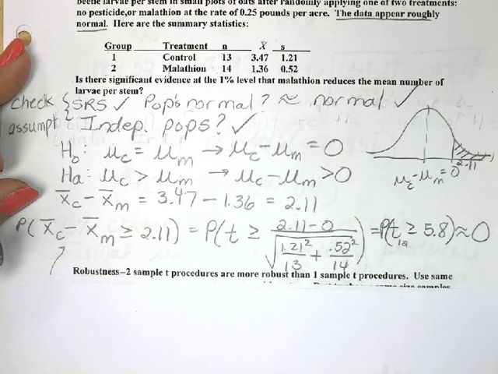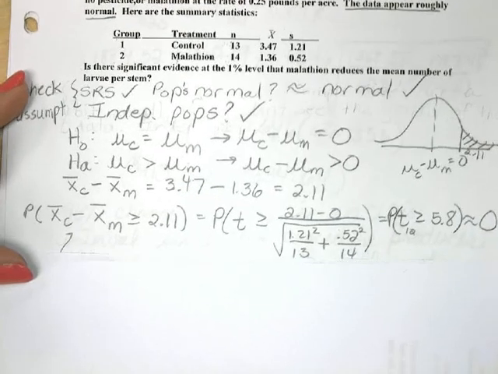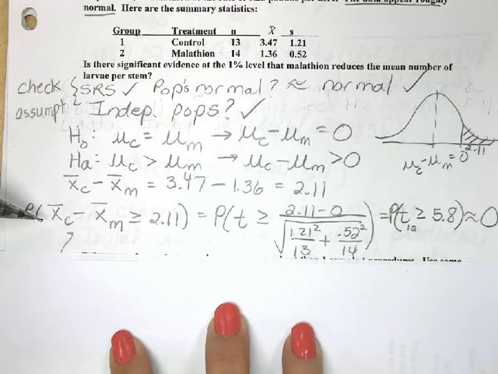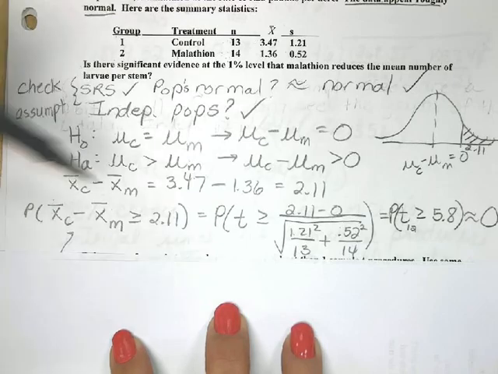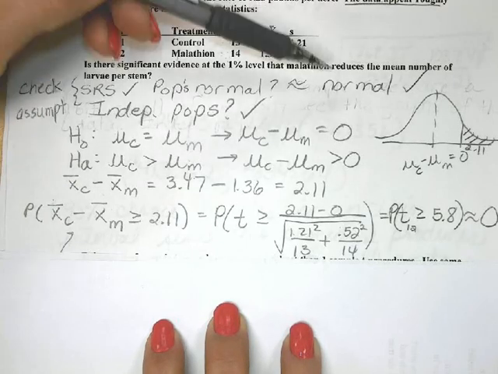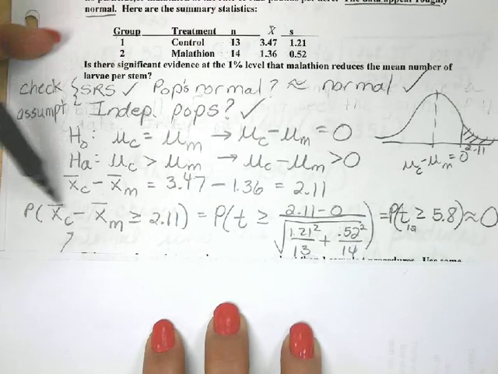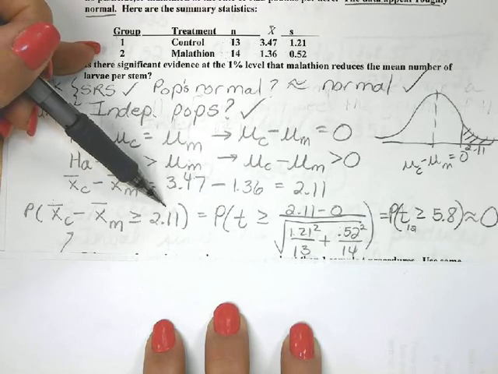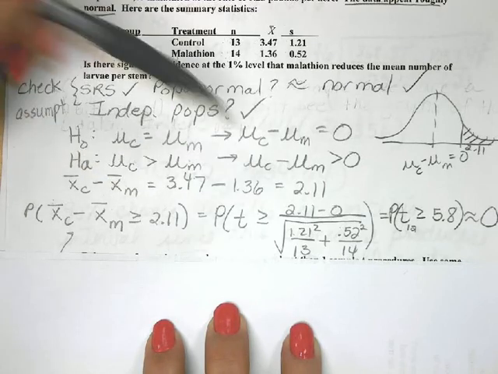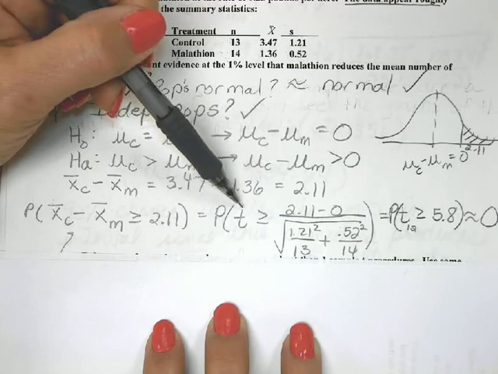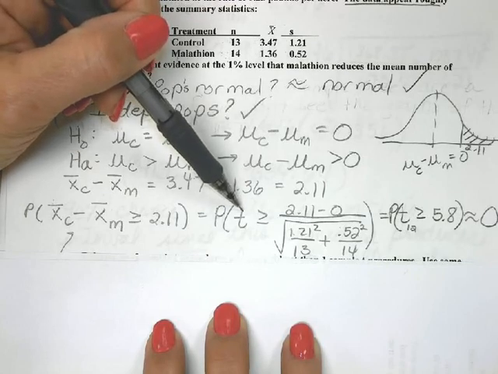And now I'm ready to calculate my test statistic. Our test statistic is the difference between two means. And we want to know how likely is it in our picture to get the difference between these two means being 2.11 or higher. I don't know the population standard deviations, therefore I need to calculate a test statistic that is a t-value.